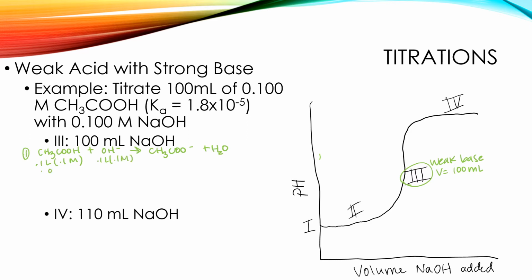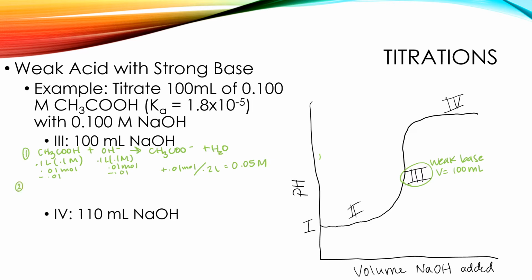So I have 0.01 moles of each of them. All of that's going to get used up, which is what I expected because I'm at my equivalence point. So I'm going to create exactly 0.01 moles of acetate, but now my new volume is 100 plus 100, which is 200 milliliters. I divide this by 0.2, and that is 0.05. That is my concentration of acetate.